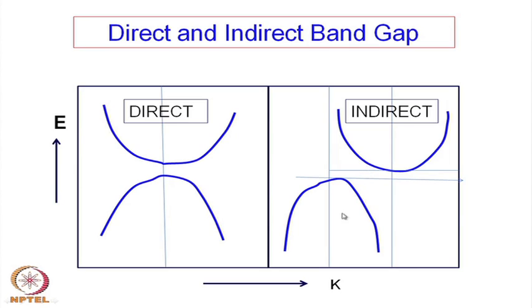This gap may be larger, but we are not concerned about that, because the electron transfer will take place along this direction, the minimum gap direction. So, this is the concept of what we call a direct band gap and indirect band gap. These are very important when you are talking about any electronic devices, some contacts and so on.